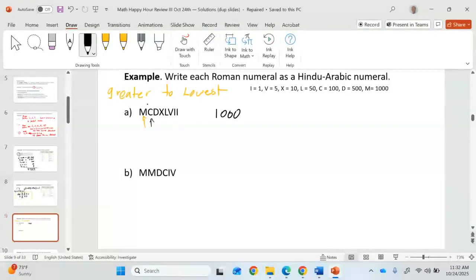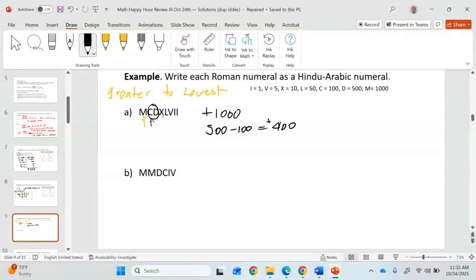This means I'm gonna combine these two together in a subtraction. So they're gonna be like a single block, and I'm gonna subtract the larger minus the lowest. So it'll be 500 minus 100, which is 400. And so these two together, I'm going to add them as a block. So it'll be 1,000 plus 400.